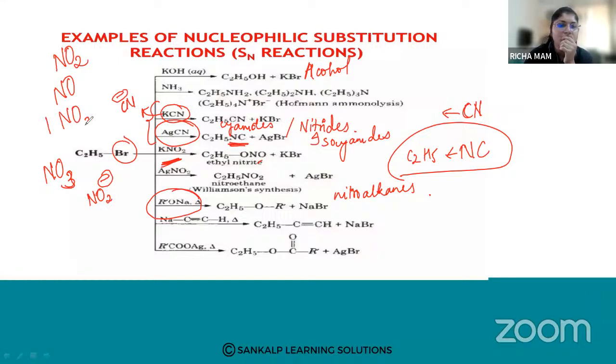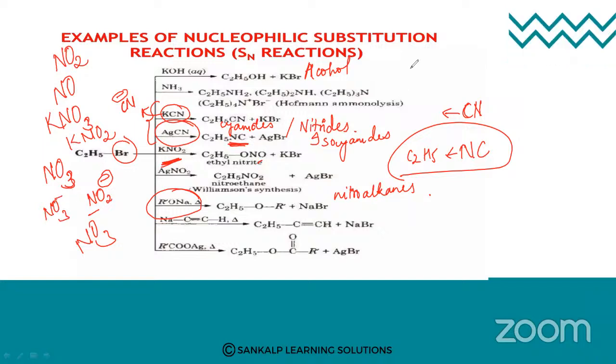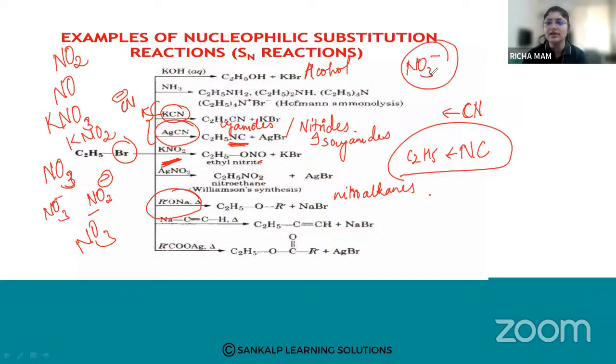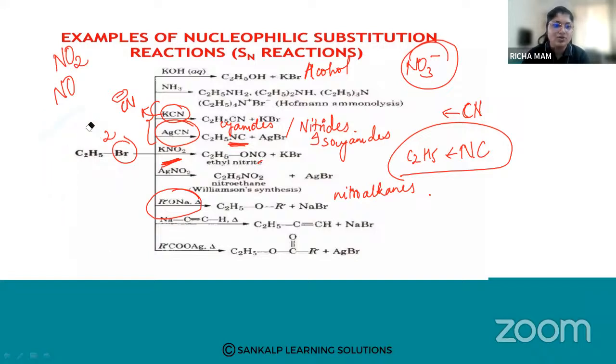Potassium nitrite will be KNO2 only. If I have NO3 minus, it is a nitrate ion. You can call it a nitrate ion. For the test of nitrates, we use that nitrate ion, NO3 minus, not NO3. Okay, next, just a second.